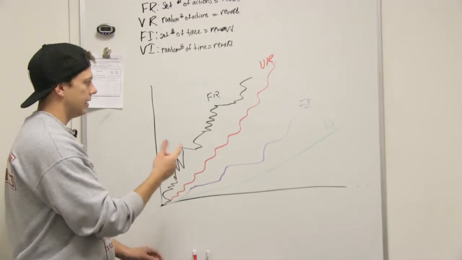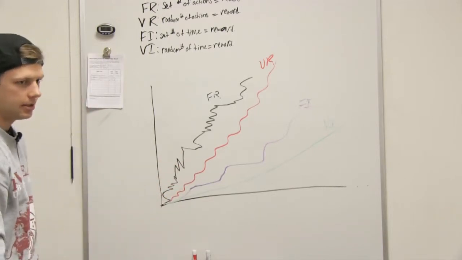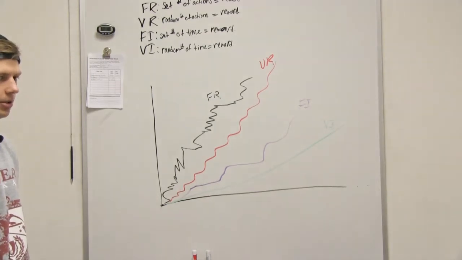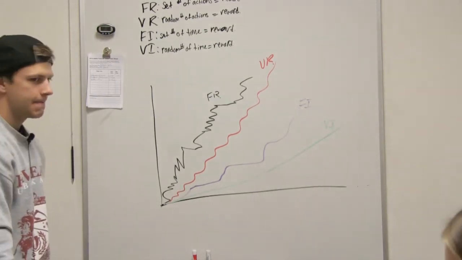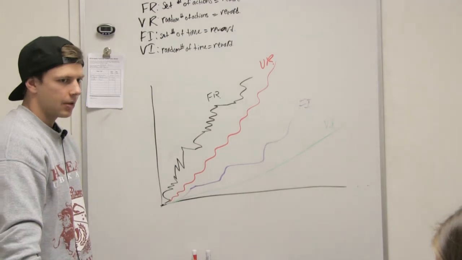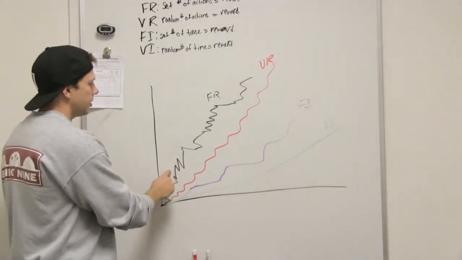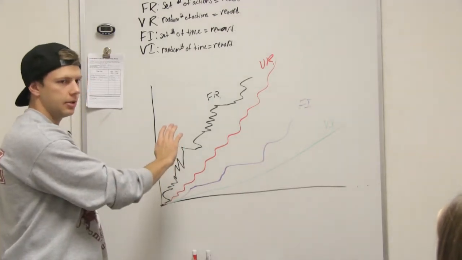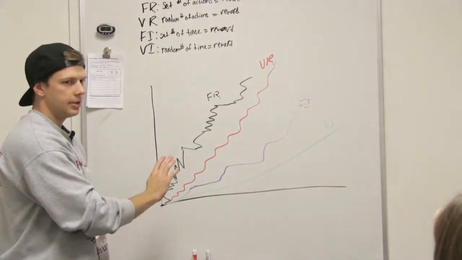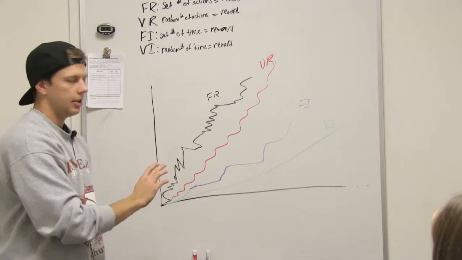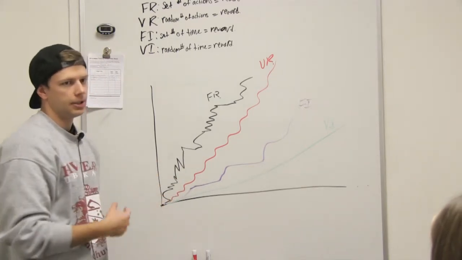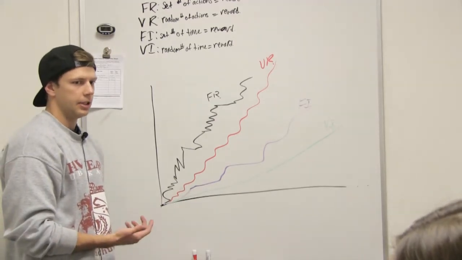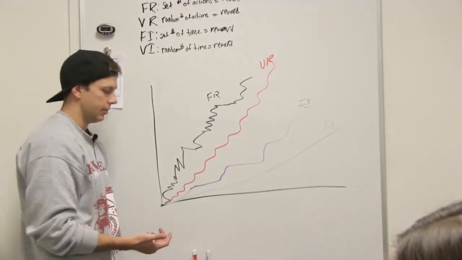Looking at these, which one looks the most consistent and probably the best type of operant conditioning to use? The variable ratio. Right. The fixed ratio has the most responses and goes up the fastest, but if you want to keep interest, you keep using variable ratio because it keeps the person on their toes, since they never know when they're going to get rewarded.